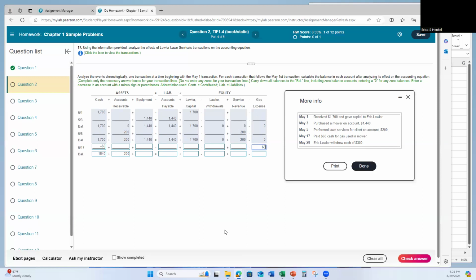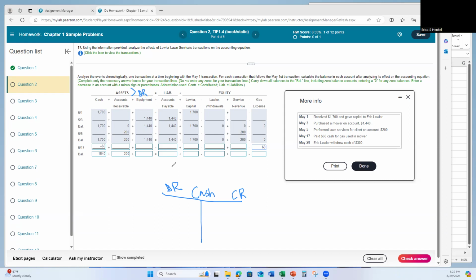So when we look at a T account, which hopefully you've watched some of the MyLab videos, on all T accounts, debits are recorded on the left and credits are recorded on the right. And asset accounts have a default balance, which is typically a debit. We label it DR for unknown reasons, but just because it's easy.